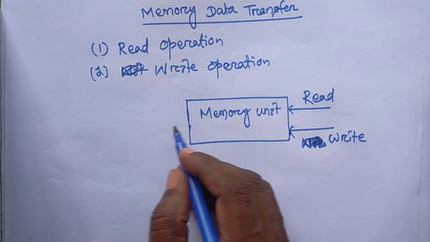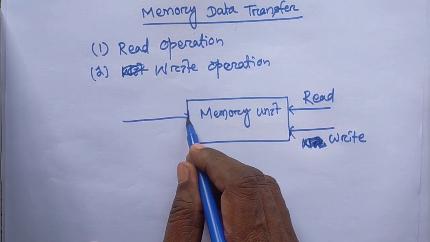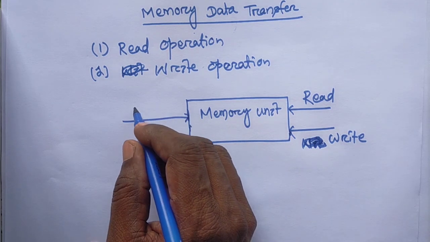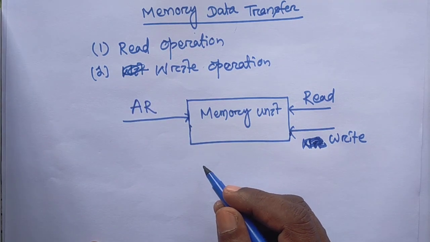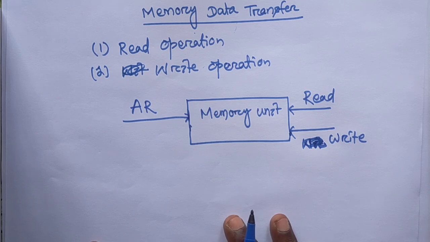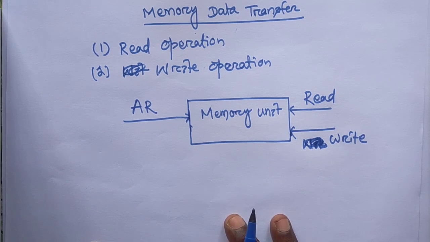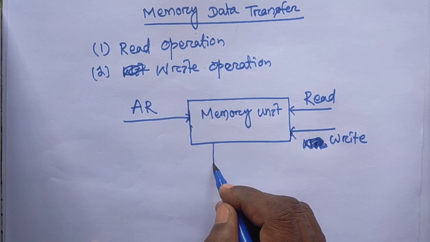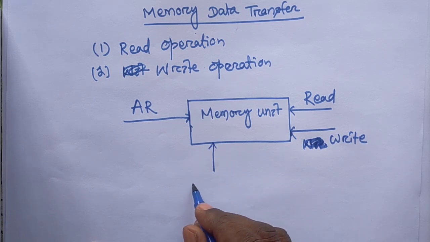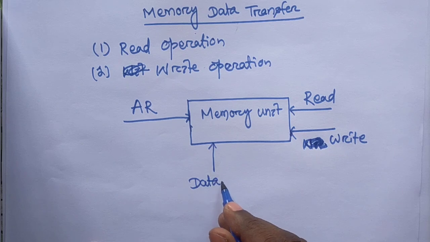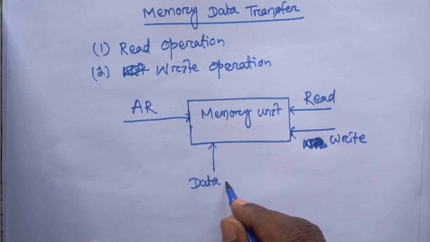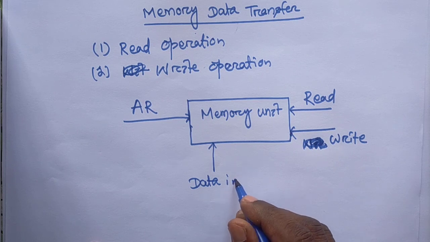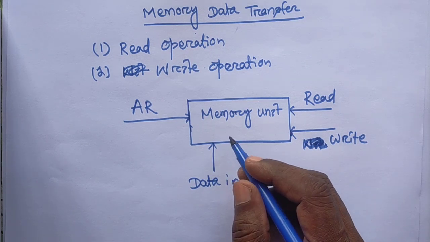When I use these operations, the address register is used, because some data needs to be read or written, so an address register is required. Another part is data in, that is, data going to the memory.